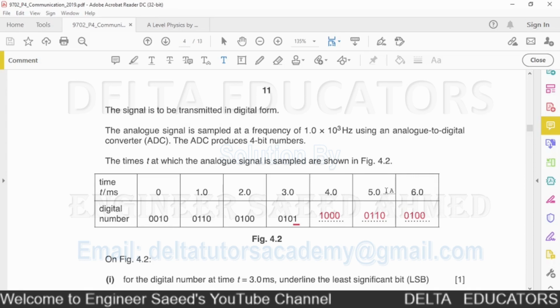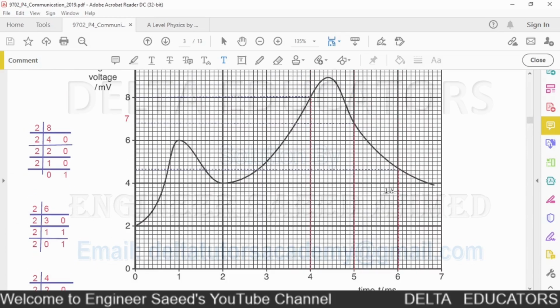Now at t equal to 5 millisecond, first we check the value of the analog signal. It is in between 6 and 7, approximately 6.8. But for digital form we have to consider only the whole number.